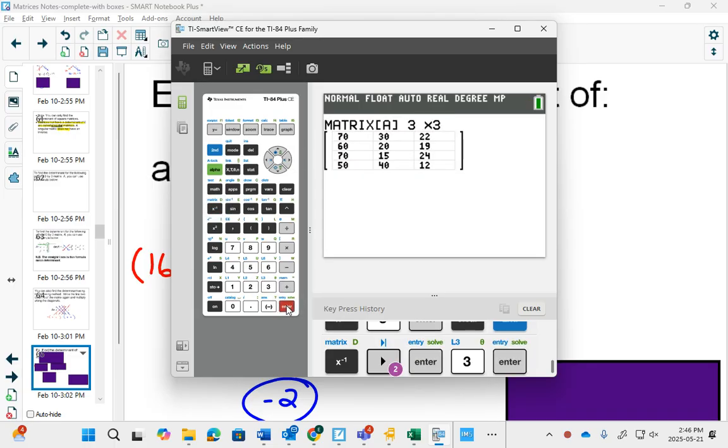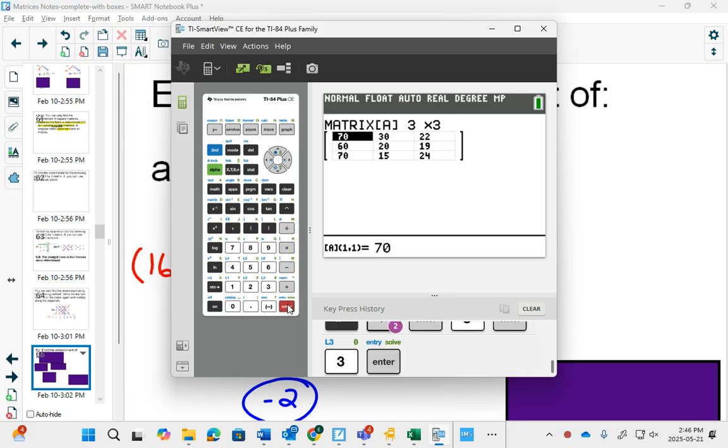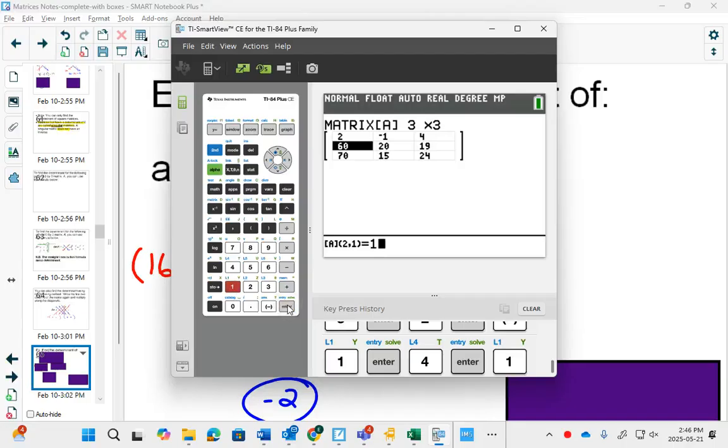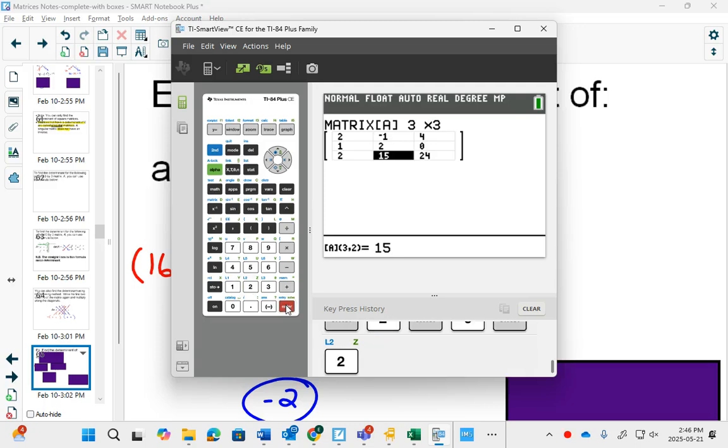It was a 3 by 3. 2, negative 1, 4, 1, 2, 0, 2, 1, 2. So I have my matrix built in my calculator.